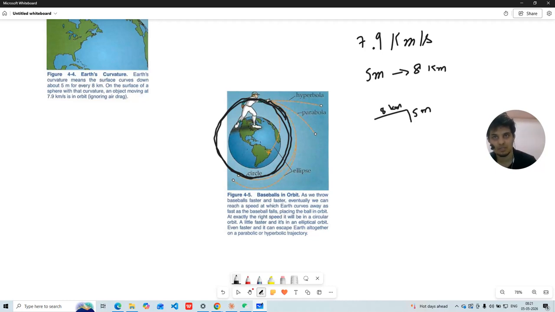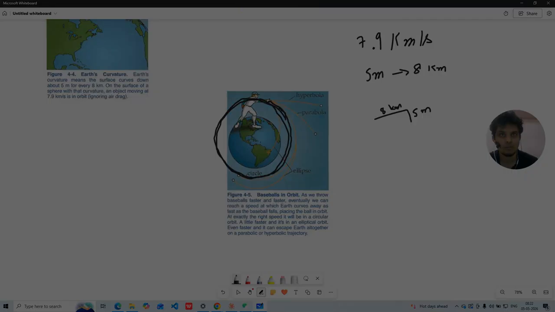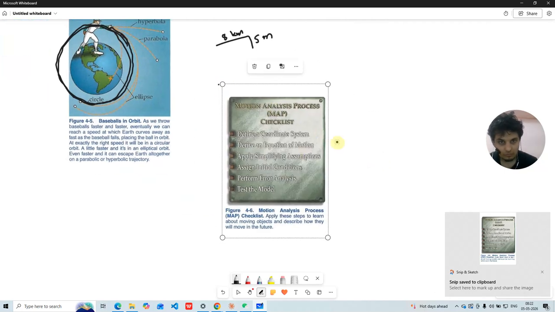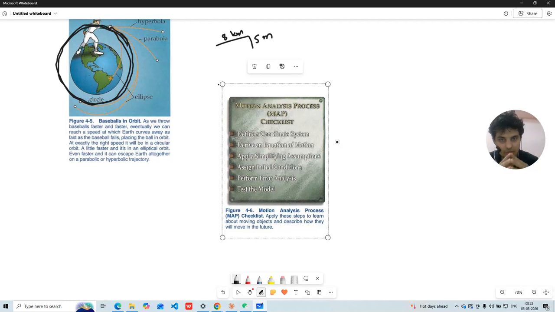It's called the motion analysis process, MAP, checklist, and is shown in figure 4.6. Let me show you that figure. In order to do a motion analysis process, first we define a coordinate system, derive an equation of motion, apply simplifying assumptions, assign initial conditions, perform error analysis, and then test the model.